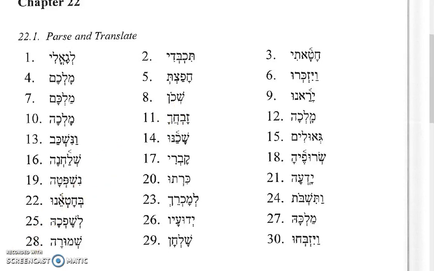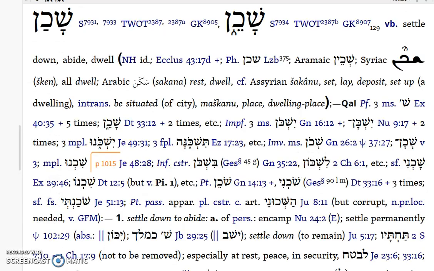And if you were to look that up, let's say in Brown Driver Briggs, because one of the things that Brown Driver Briggs will do for you is that they will actually give you example forms. So here you have shakan, which also shows up as shakon, to dwell, settle down, abide, or dwell, or glosses that it gives for that.